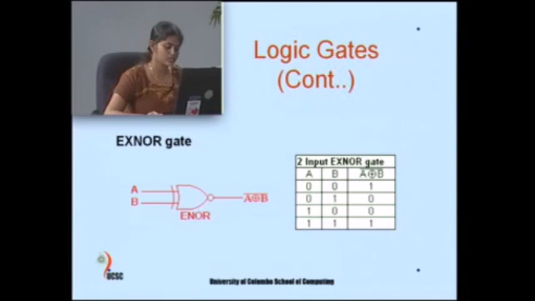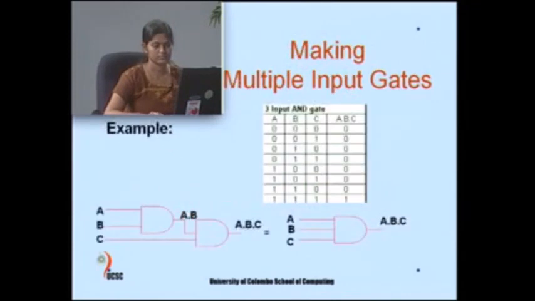By using these basic gates, we can build multiple input gates. Here is an example. Here we are using two AND gates. For the first AND gate, we give A and B as inputs and we get A and B as an output.